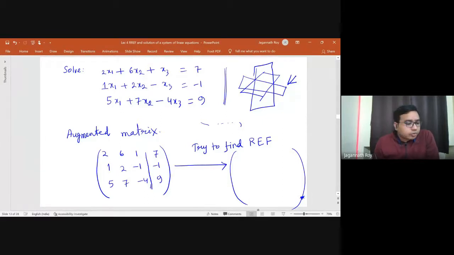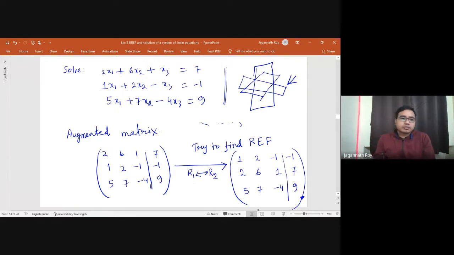So first task is to get the REF, and let us do the row operations. R1 and R2 we will exchange. So this will be 1, 2, minus 1 and minus 1. Then this will be 2, 6, 1 and 7. Finally we have 5, 7, minus 4 and 9.